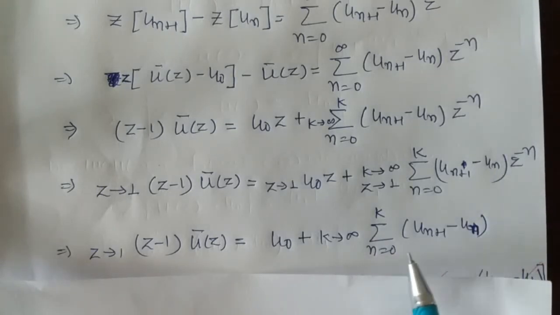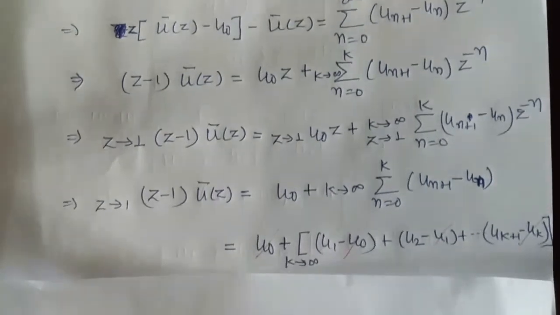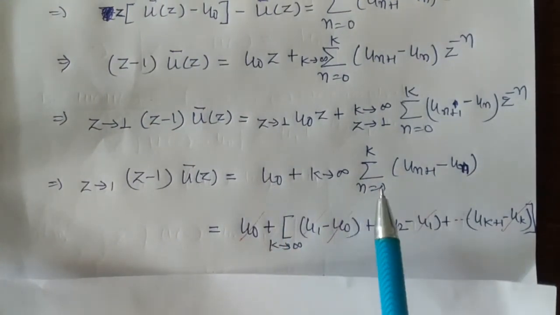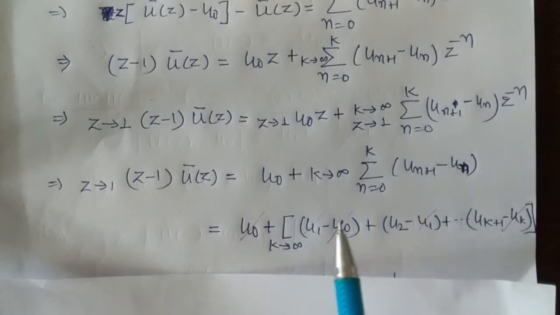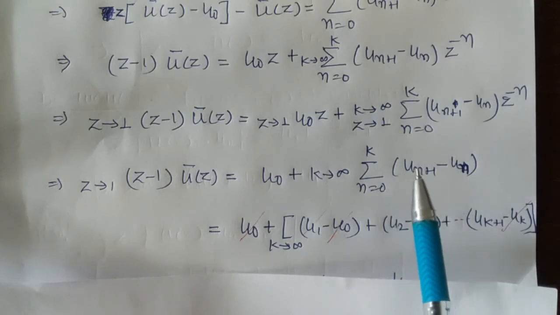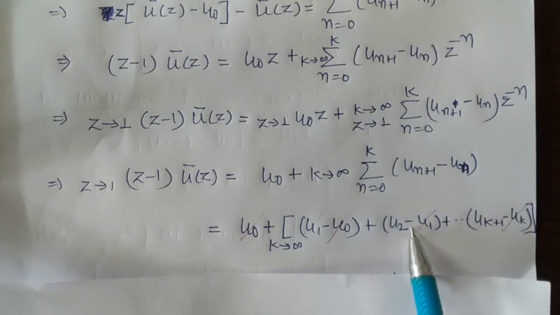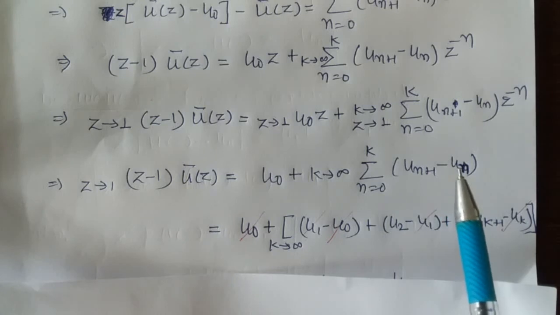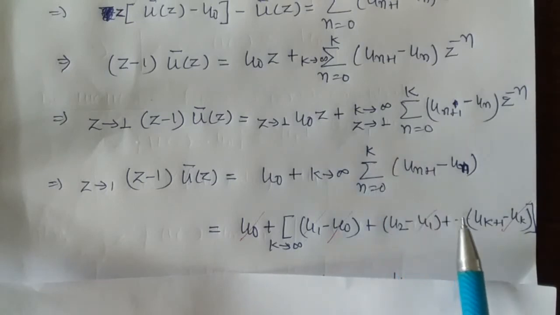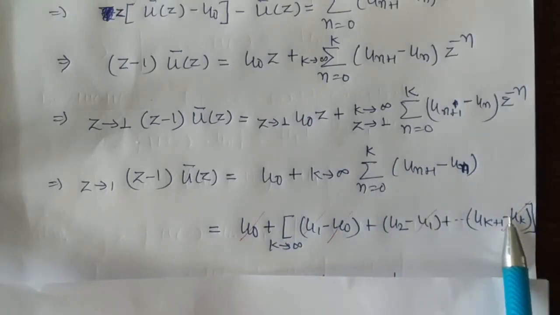Now putting n equal to 0, 1, 2, 3 up to k, and expanding this summation, we get u0 as it is. For n equal to 0 we get u1 minus u0, plus for n equal to 1 we get u2 minus u1, plus for n equal to 2 we get u3 minus u2, and so on. Finally for n equal to k we get uk plus 1 minus uk.